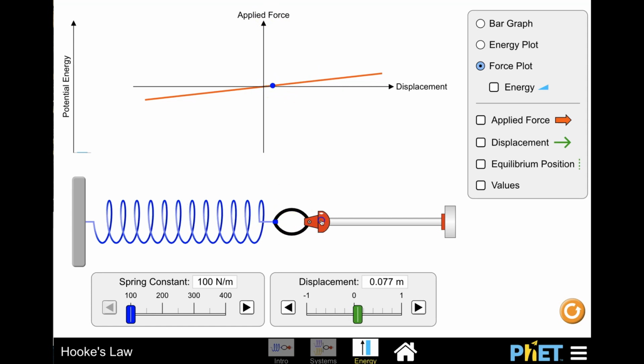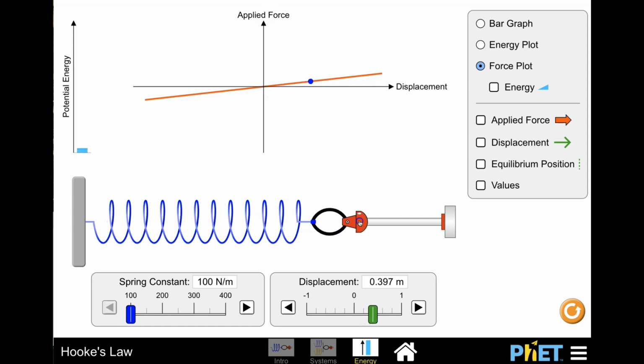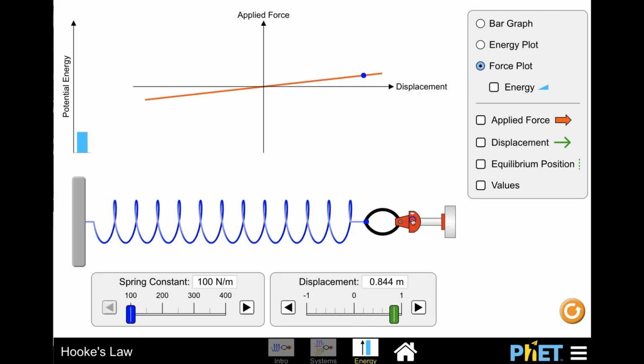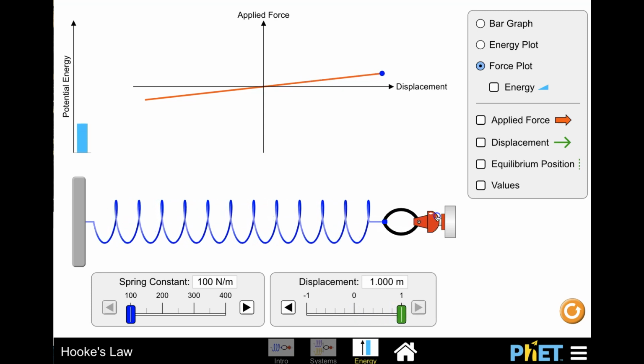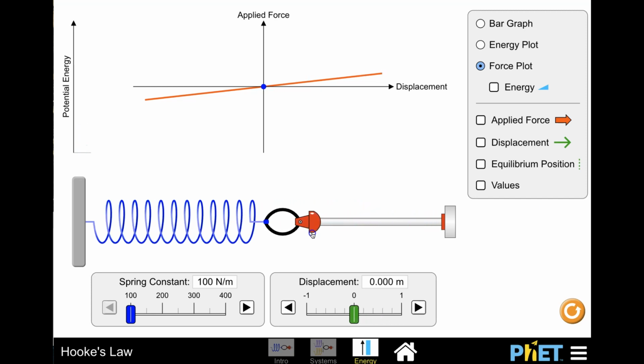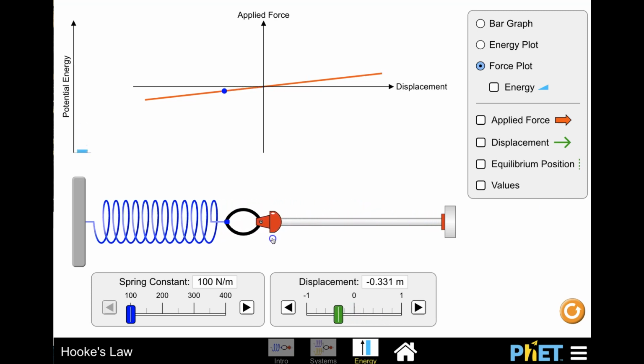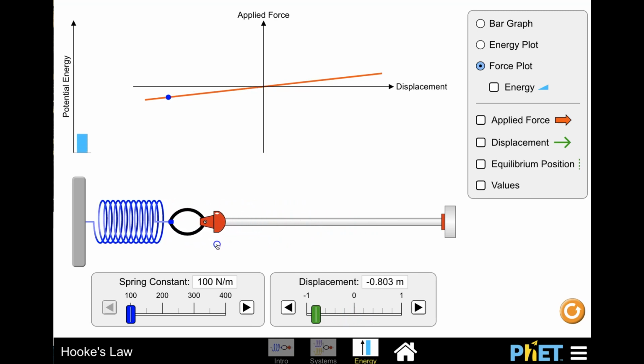You'll see that it can have positive force if I stretch it, and I get positive potential energy. And if I compress it, I also have more force, but notice that force is negative. But even though the force is negative, you'll see the potential energy here is still positive.